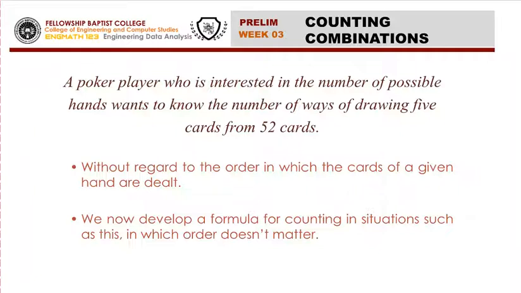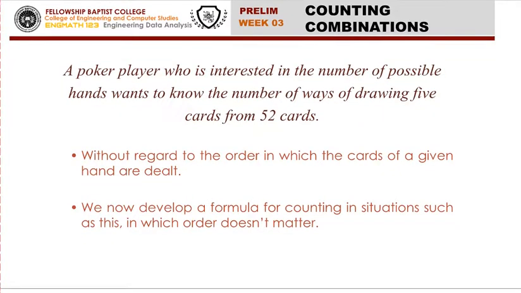Take note, if we have to consider a counting principle or combination topic in the counting category. For example, a poker player is interested in the number of possible hands, wants to know the number of ways of drawing 5 cards from 52 cards.